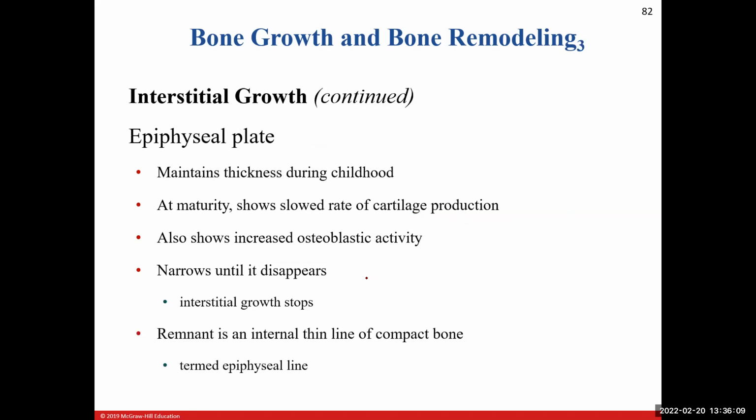So let's talk about the epiphyseal plate here a little bit. The epiphyseal plate is going to be pretty much active throughout your childhood. As you get closer to your 20s, we will see the growth rate slowing down. As that occurs, though, we will see an increase in the osteoblast activity. So the osteoblasts will be laying down new bone matrix and new bone tissue.